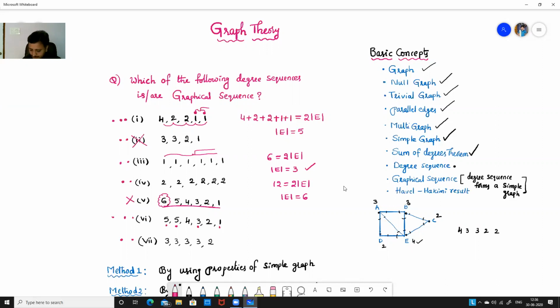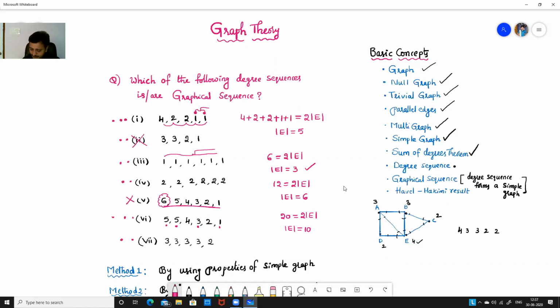So 10, 14, 17, 19, 20. So we have 20 equal to 2 times the number of edges. The number of edges is equal to 10. Maximum how many edges are possible for a 6 vertices graph? 6 into 6 minus 1 by 2, right? Which equals 15 edges. Of course, we have 10 edges. Therefore, no need to eliminate.